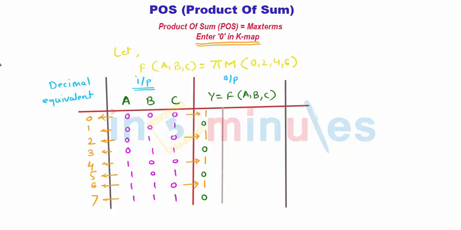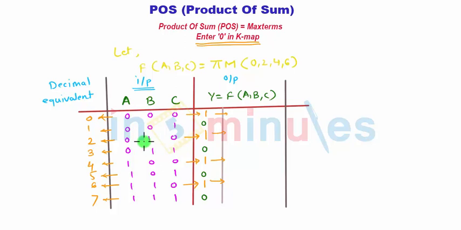Now for these ones I will write down the expression. Since this is a POS form, I need to have a sum for the first, sum for the second, sum for the third, and sum for the fourth combination, and this sum should be equal to 0. Whatever the terms which are 0 in the max term, I will consider them as it is, and whatever the term which has 1 in the input combination, I will put it as a bar.